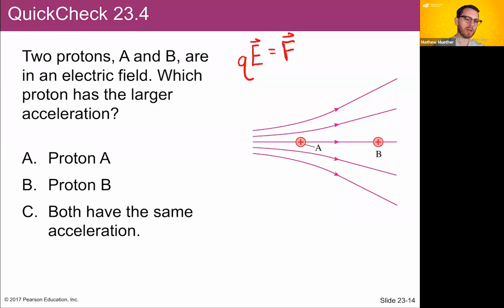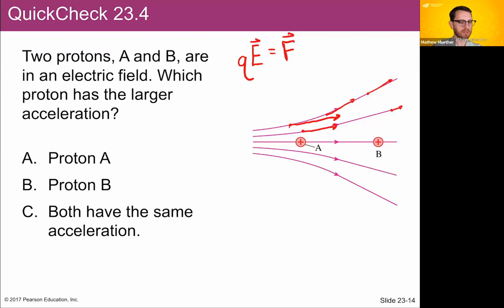And remember, when we draw these electric field lines, we're supposed to understand that the electric field is tangential to this electric field line everywhere in space, and that the magnitude of that electric field is indicated by how closely packed those electric field lines are. So the more electric field lines there are in space, the stronger the electric field. So out here I have a weak electric field, and close to this particle I've got an electric field that points tangential to that field line that is stronger.